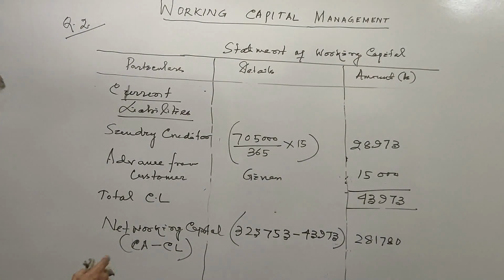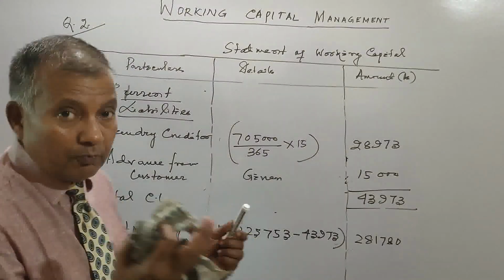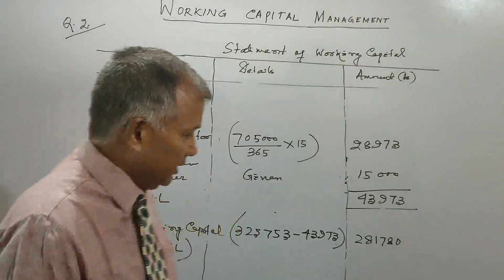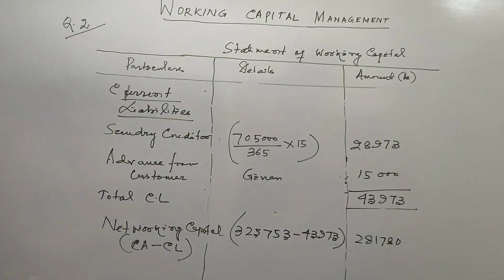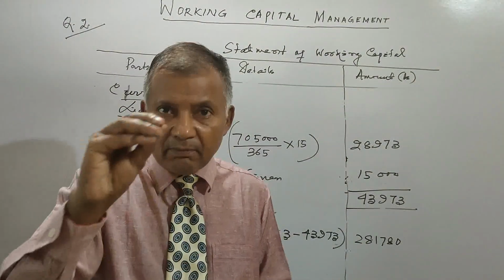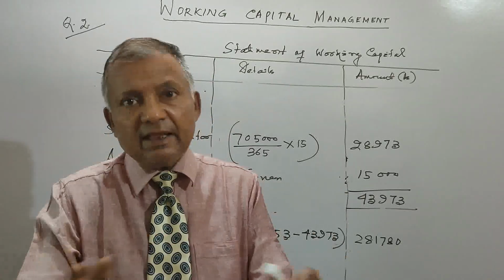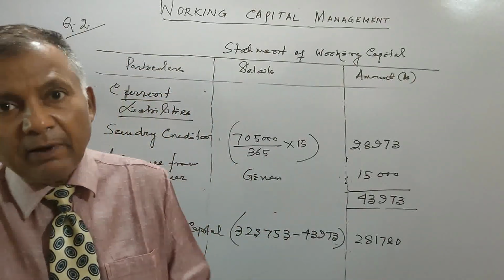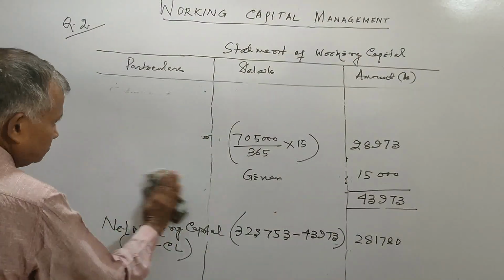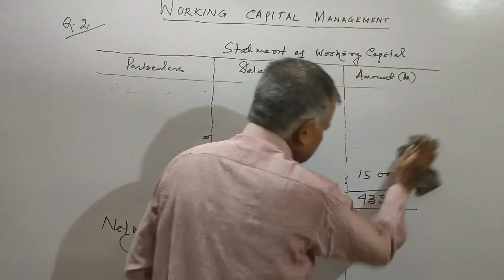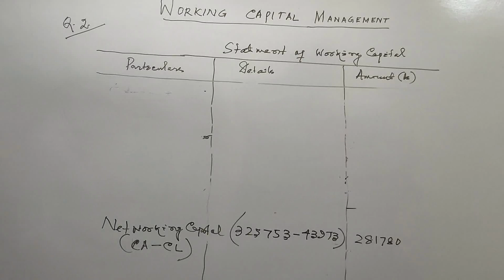So we have to go further to deduct the margin. Net working capital minus that margin will be the bank finance for the company. So let us find out. The net working capital is 2,81,780. This we have already determined.